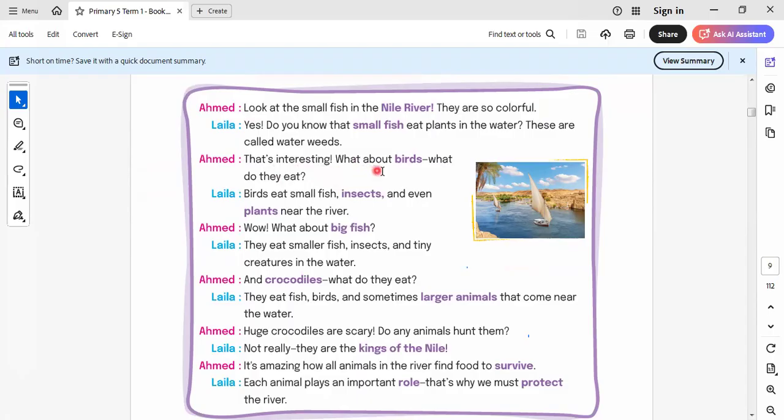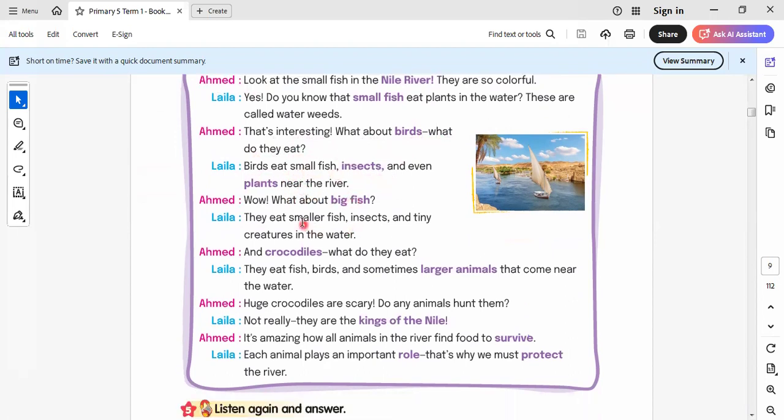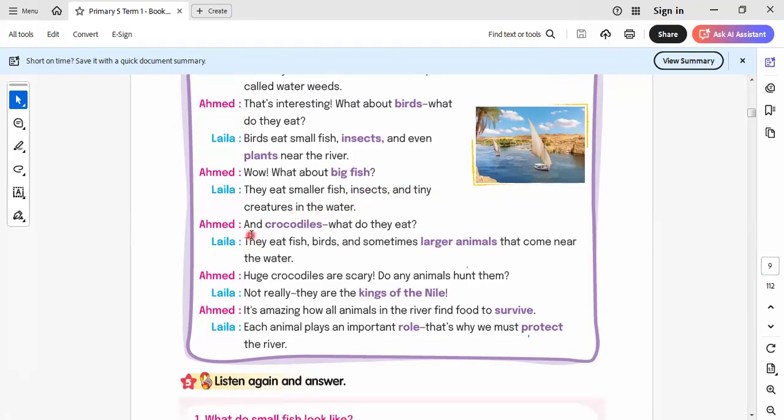Ahmed: That is interesting. What about birds? What do they eat? Layla: Birds eat small fish, insects, and even plants near the river. Ahmed: Wow, what about big fish? Layla: They eat smaller fish, insects, and tiny creatures in the water. Ahmed: And crocodiles, what do they eat?